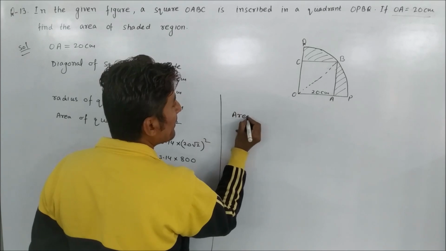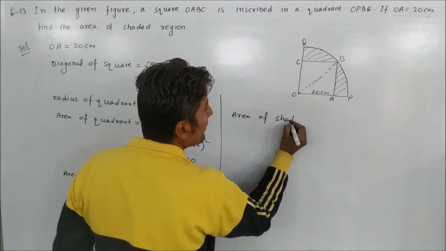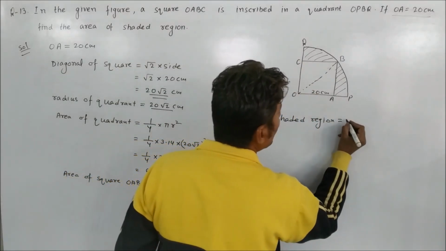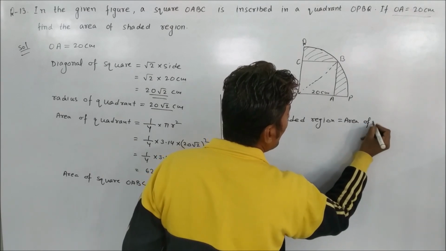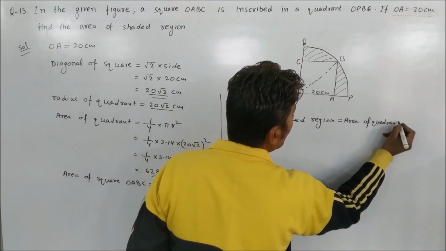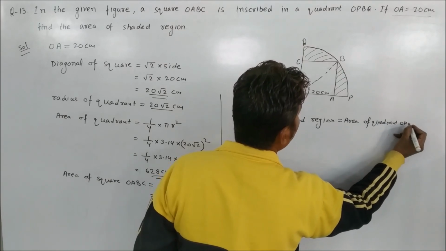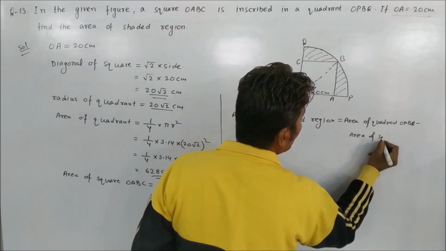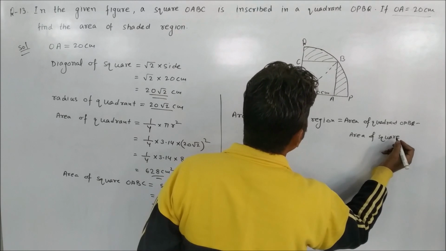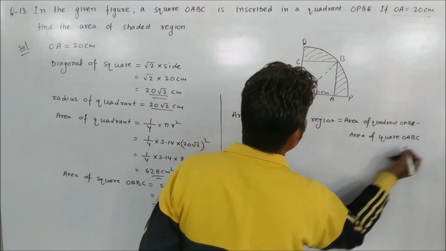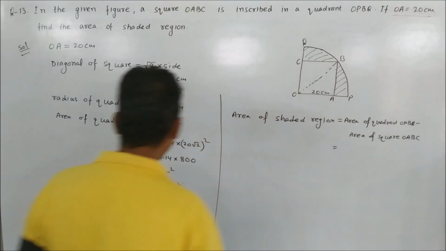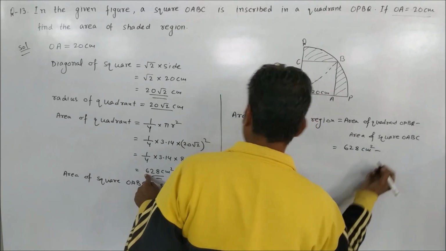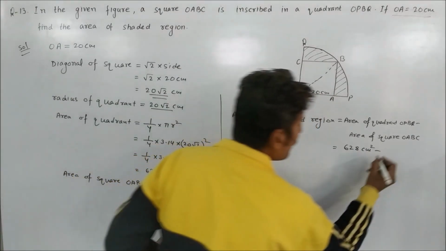So here we can write area of shaded region will be equals to area of quadrant OPBQ minus area of square OABC is equals to area of quadrant we have calculated 628 centimeter square minus area of square we are having 400 centimeter square.